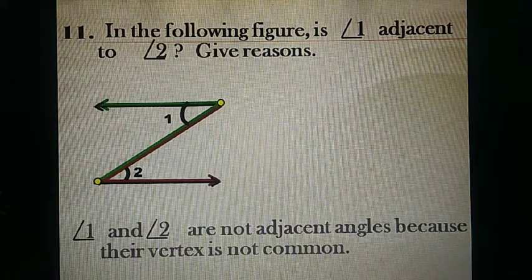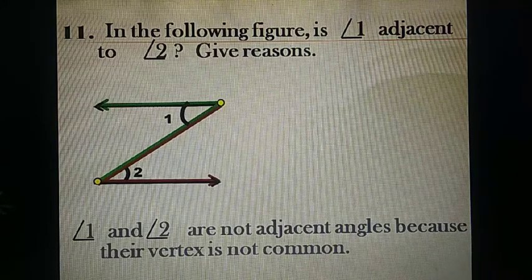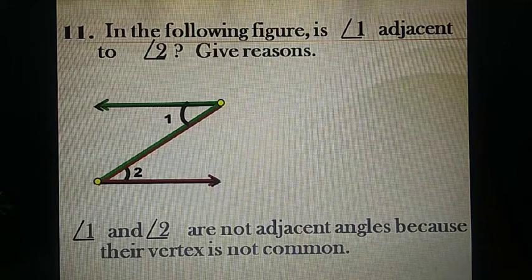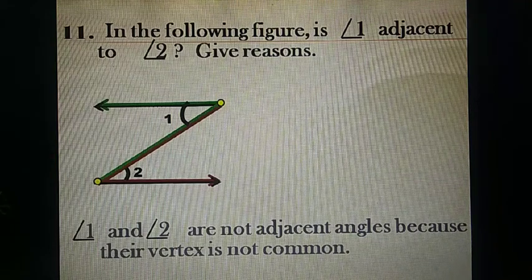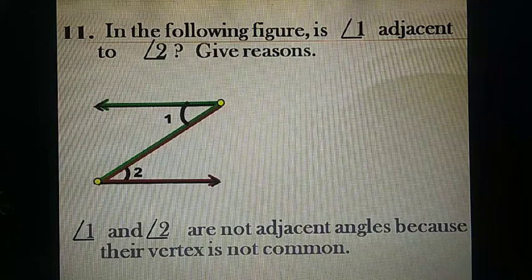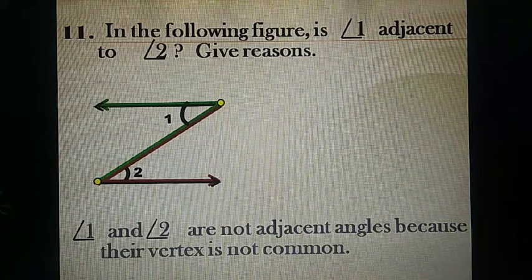We can write angle 1 and angle 2 are not adjacent angles because their vertex is not common. Yes, as we can see, the vertex is not common, so we can say that angle 1 and angle 2 are not adjacent angles.